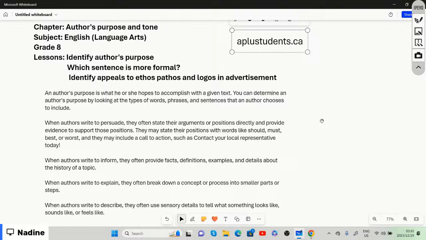They may state their position with words like should, must, best, or worst. And they may include a call to action, such as contact your local representative today.